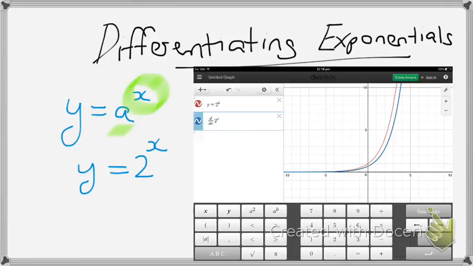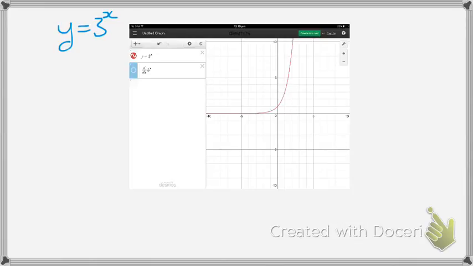Of course we can, otherwise I wouldn't be here, but let's think. Seeing as 2 to the x looks the same as its derivative, that's quite nice. What about 3 to the x? Not surprisingly, 3 to the x looks like 2 to the x. It's a bit different, but it looks the same. The thing that's different is that it's steeper. I'm about to take the derivative again, so let's do that.